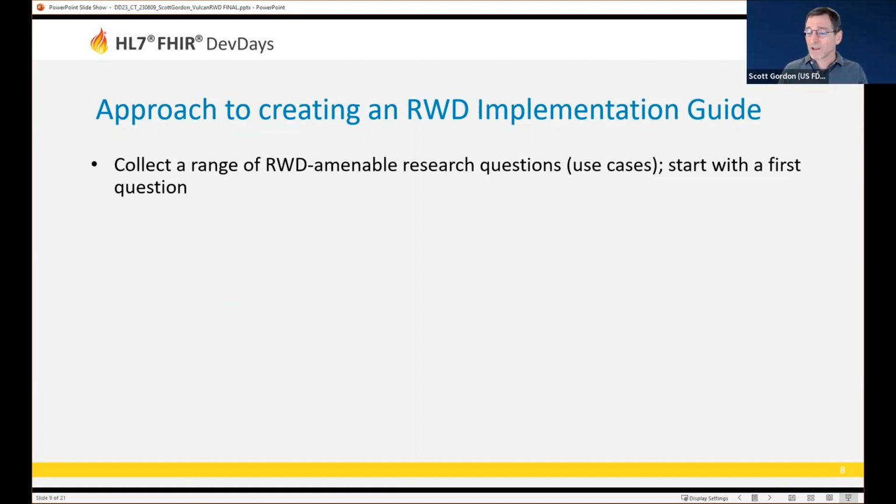Start with the first question, go down a process, and iteratively work through a number of different research questions, theoretically, until we kind of have all the information we need.